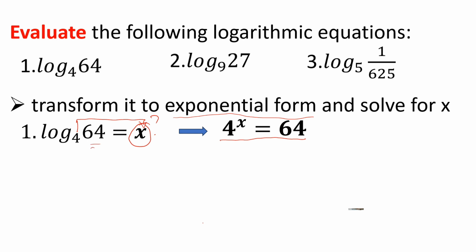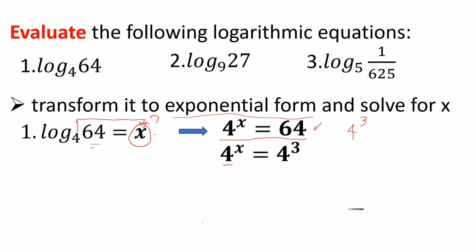The next step is to think about what possible common base 4 and 64 can be transformed into. We know that 64 can be written as 4 to the power of 3. So the next step is 4 to the x is equal to 4 cubed, because 4 cubed is already 64.